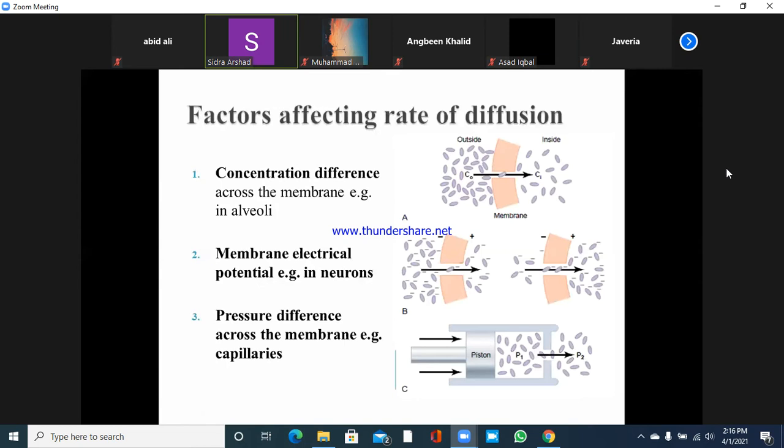So next point is membrane electrical potentials.